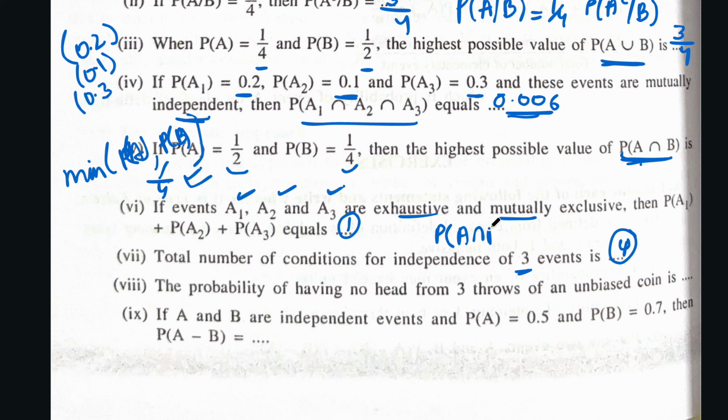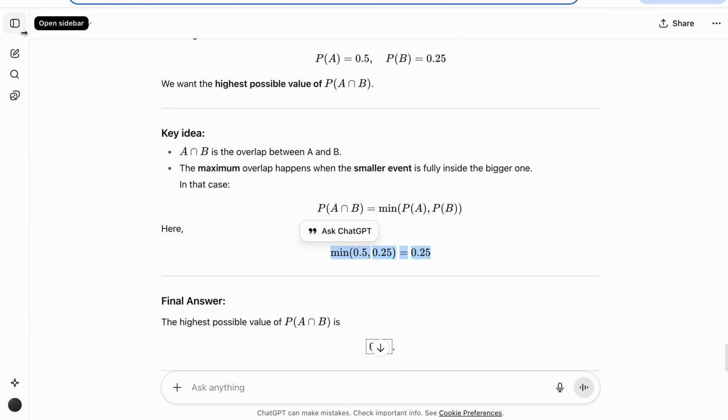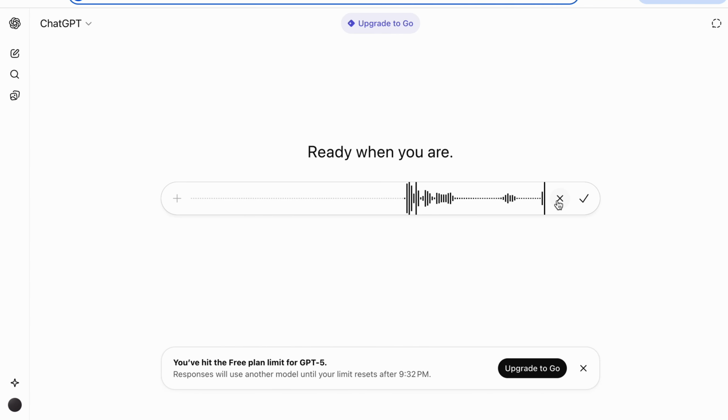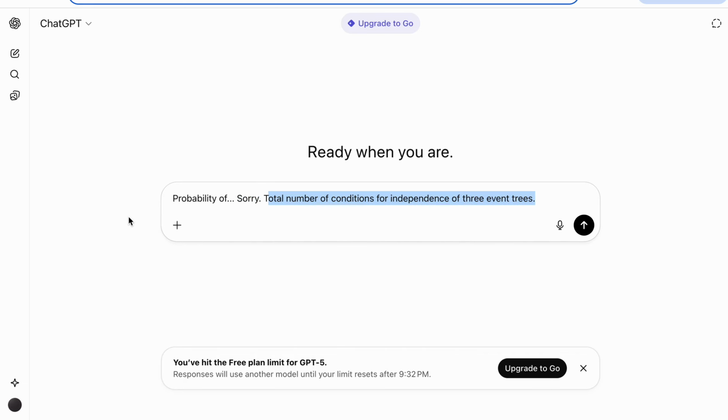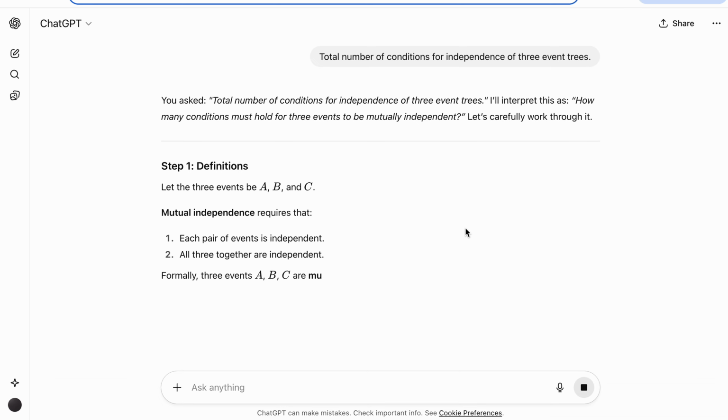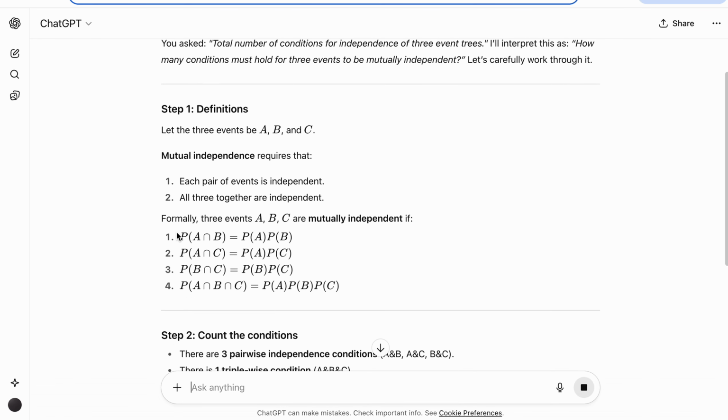Probability of A intersection B... I don't know, it says total number of conditions for independence of three events is... Yeah, it's right to assume so.